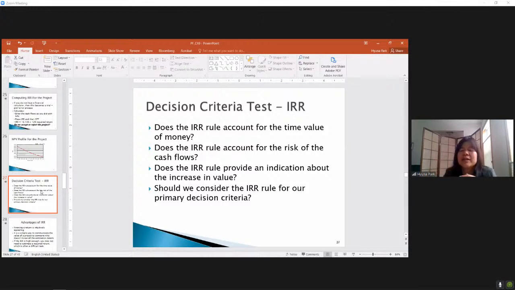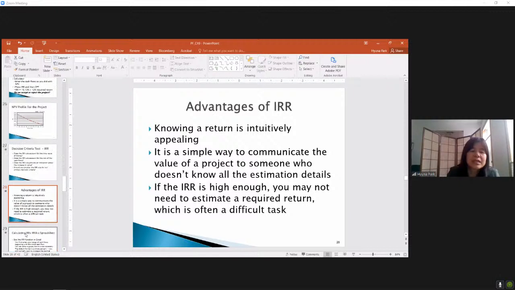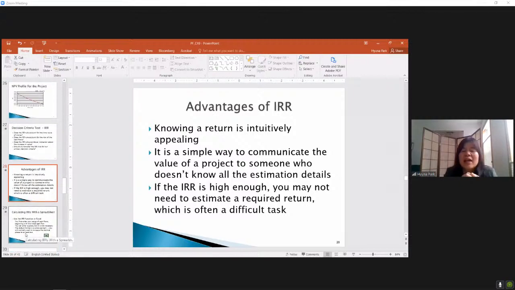Should we consider the IRR rule as our primary decision criterion? The answer is no. It's a good criterion, but not definitely the best one. But still, IRR has many advantages. Knowing the internal rate of return is intuitively very appealing, so it's a very widely used tool.